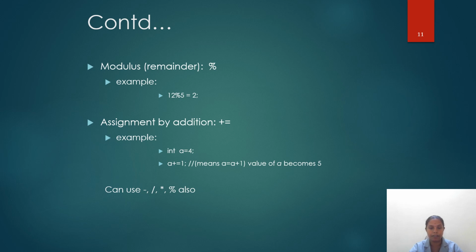It is usable for int a equal to 5. For example, a equal to a plus 5. Likewise, we use a plus equal to 1. This is used for minus, multiplication, division, and modulus also use this assignment operator.